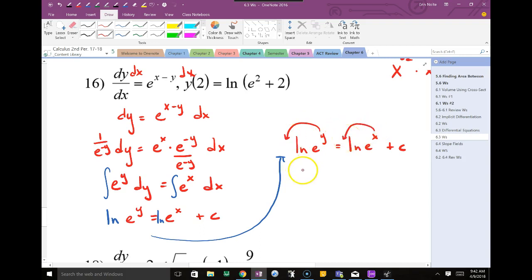So I'm going to end up with y, and then what's the natural log of e? One. The natural log of e is 1, so it goes away, and I have 1y. Same thing on this one, I have x times the natural log of e, plus c.